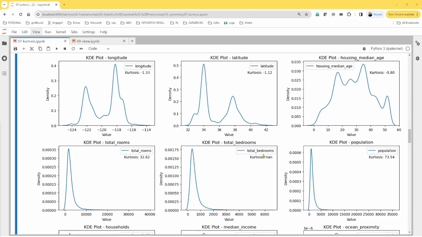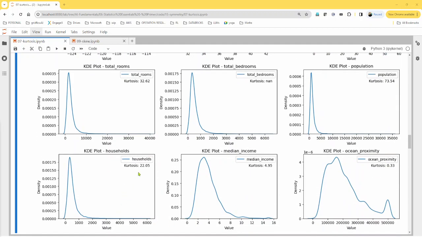In this case, it is not able to compute. Maybe there are some null values here, so that's why the kurtosis is coming out this way. And in this case also, there are possibly some high values. Population is coming out substantially greater than 0, and in the same way, household also has significantly high kurtosis.